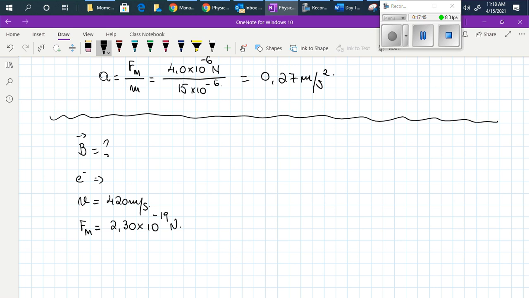Now, from the formula, what we have is that the magnetic force is equal to QVB.